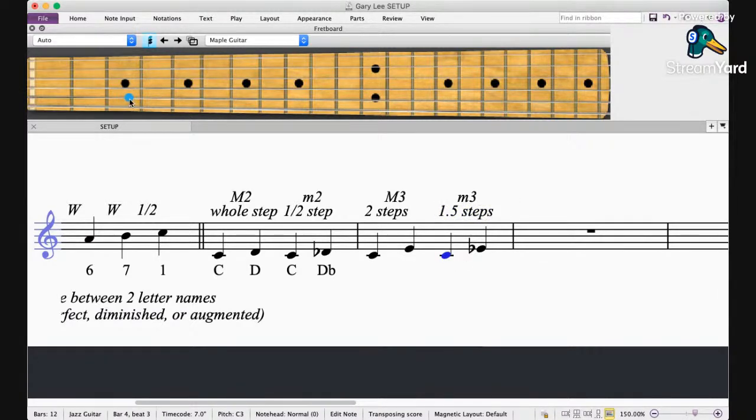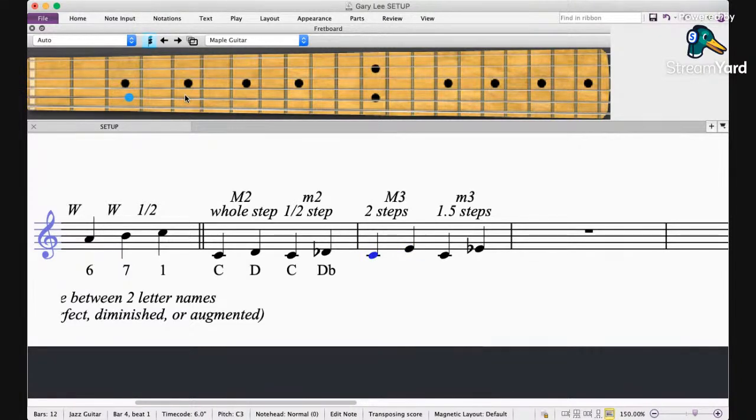So you can see right here, C to E flat is 1 step plus a half step. And from C to E, you can see it is 2 whole steps.